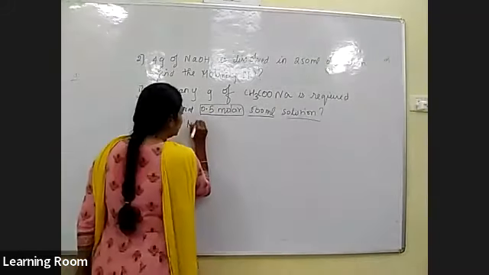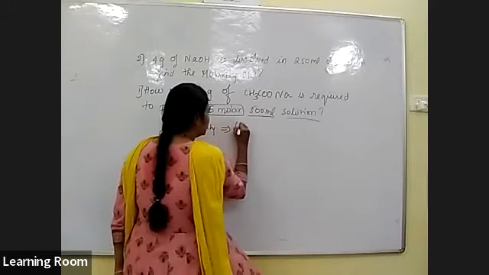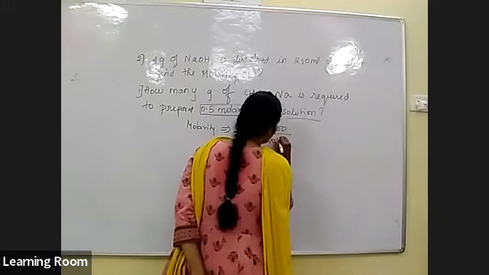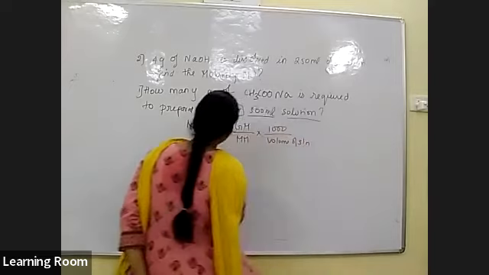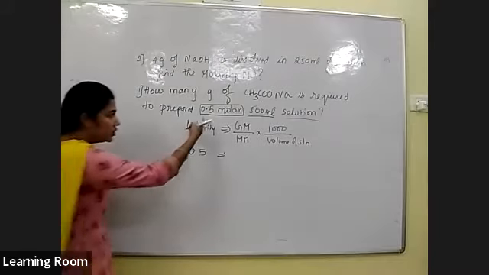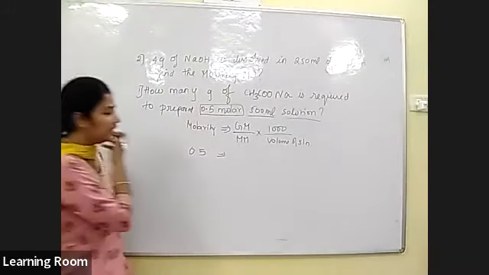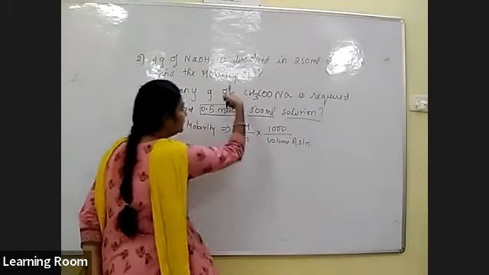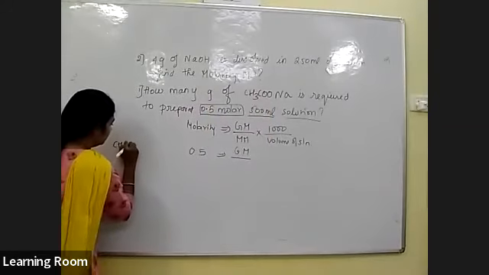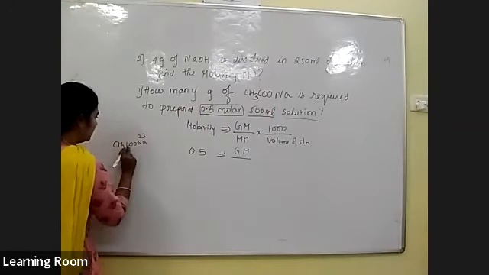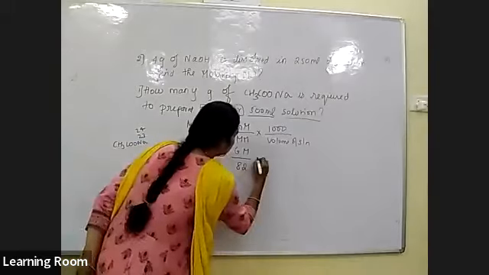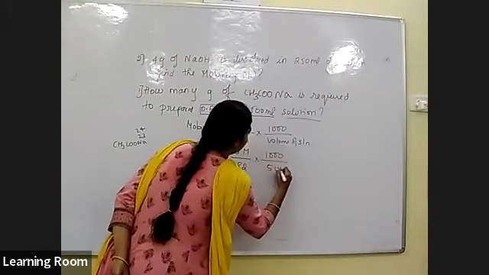See, molarity is equal to, don't make silly mistakes, given mass divided by molar mass into 1000 divided by volume of your solution. So here they have disclosed the molarity of 0.5. They have disclosed 0.5 molar, which means it's your molarity. So you don't know your given mass. What is the molar mass? 23, 24. Okay, fine, I'm writing. 1000 divided by 500.